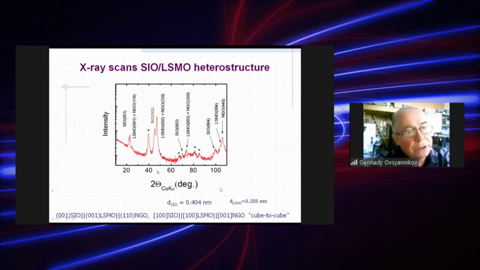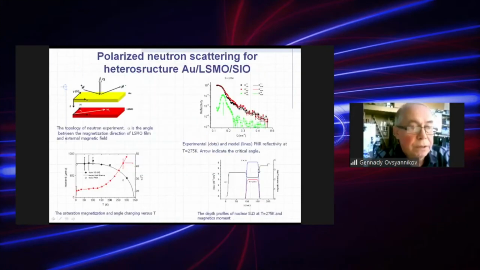Moreover, from the tilting investigation and the scan, we can conclude that the growth of this material is cube on cube. The quasi-cubic axis of iridate is parallel to the quasi-cubic axis of manganite, and all of them are parallel to the neodymium gallate. We also observe some changes of angles and axes during the lowering of temperature.